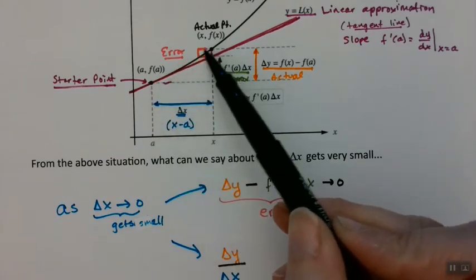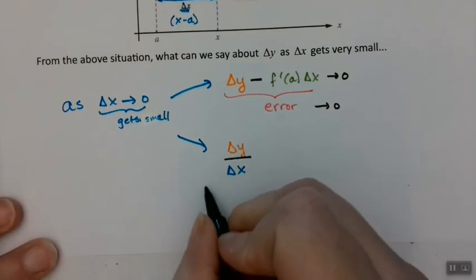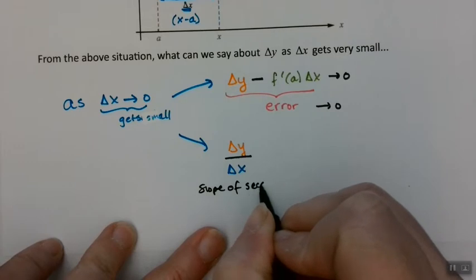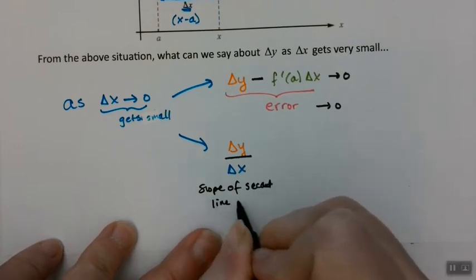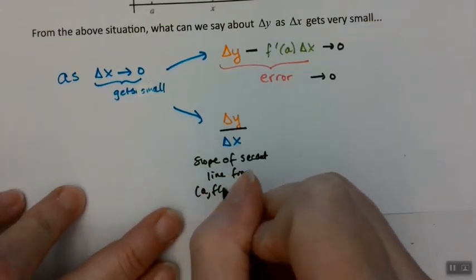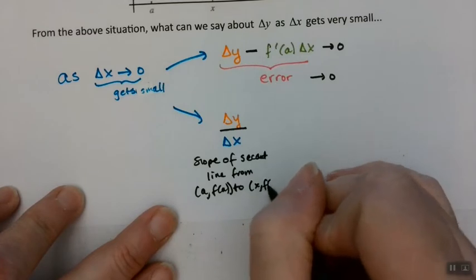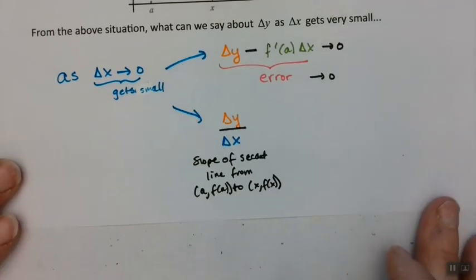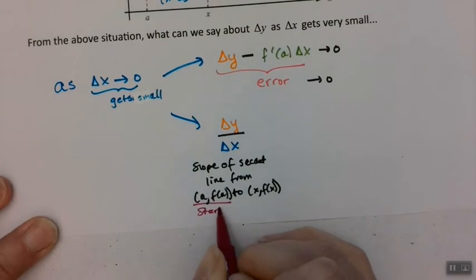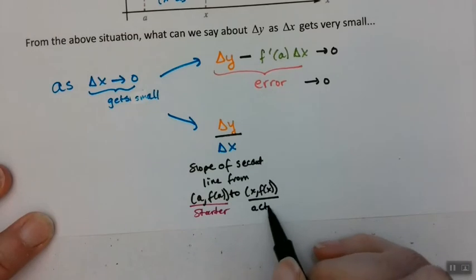Because here's the change in y, here's the change in x. So this is the slope of the secant line from f of a to x, f of x, right, from one point to another, from the starter point to the actual point on the curve.